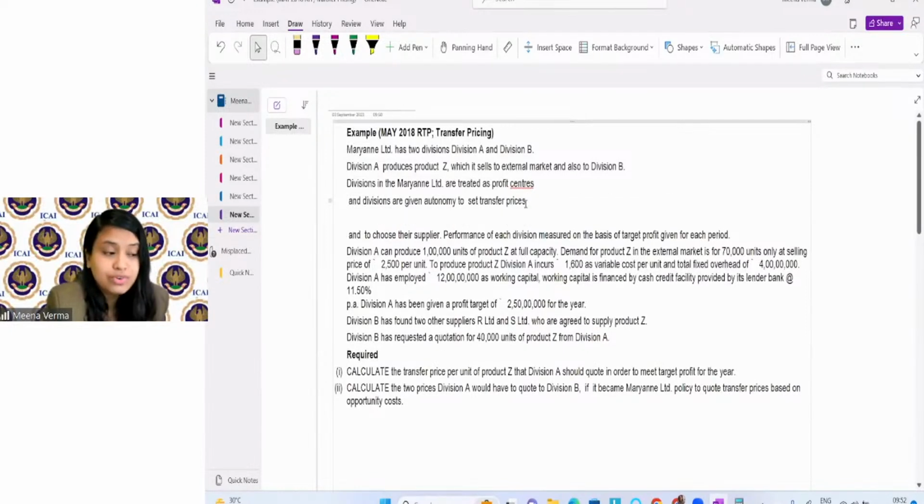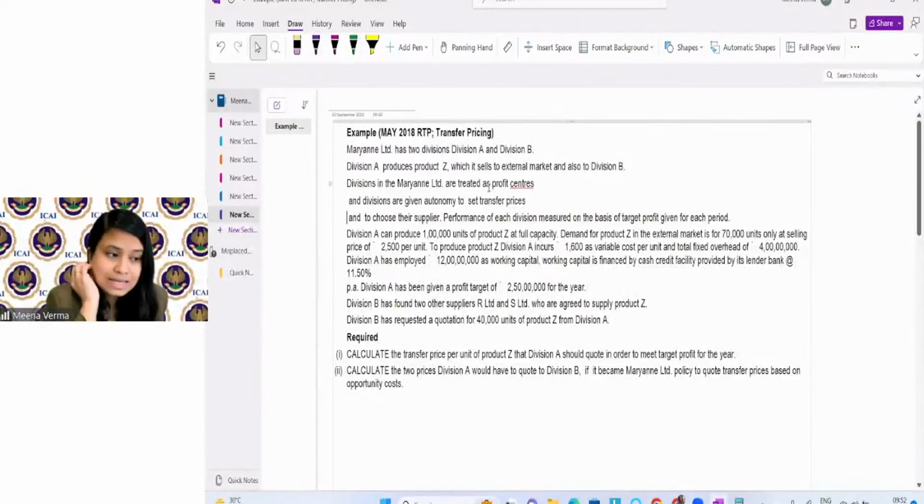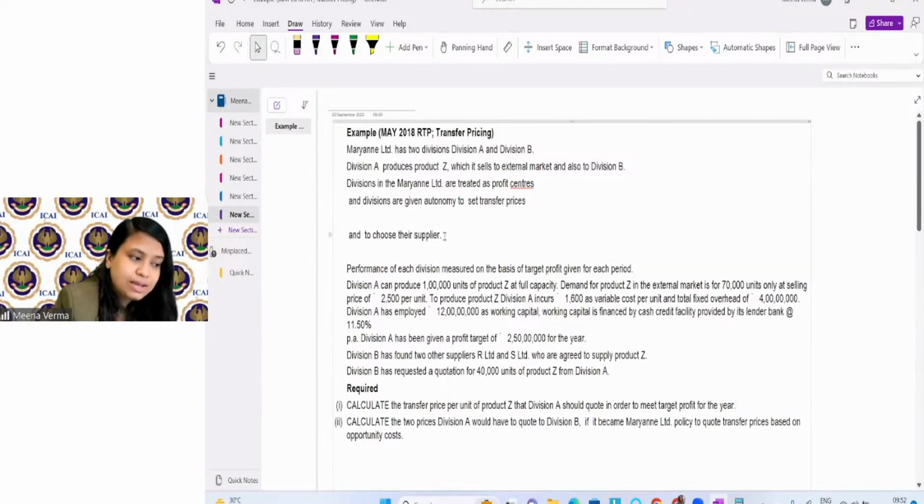It will be a question of negotiation because they are setting it themselves. They have not given you the rule for deciding the transfer price here. They have the option to choose the supplier and to decide the transfer price among themselves. Then the performance of each division is measured on the basis of the target profit given for each period.